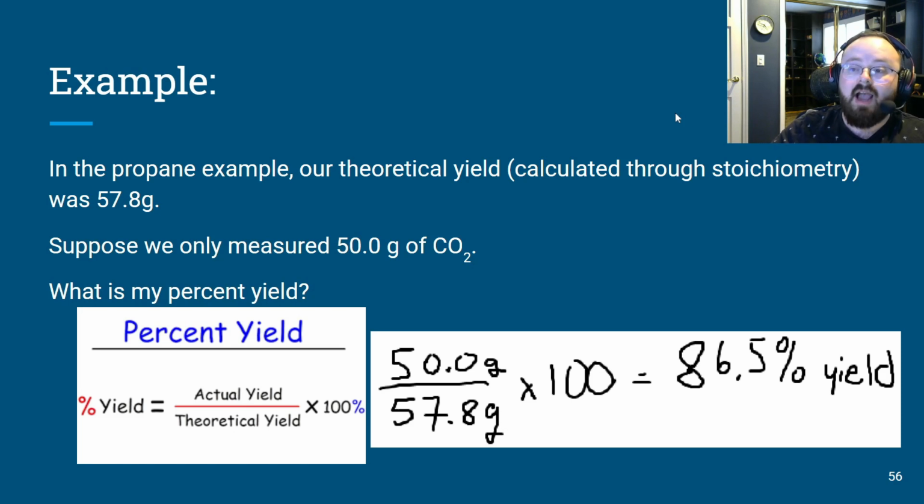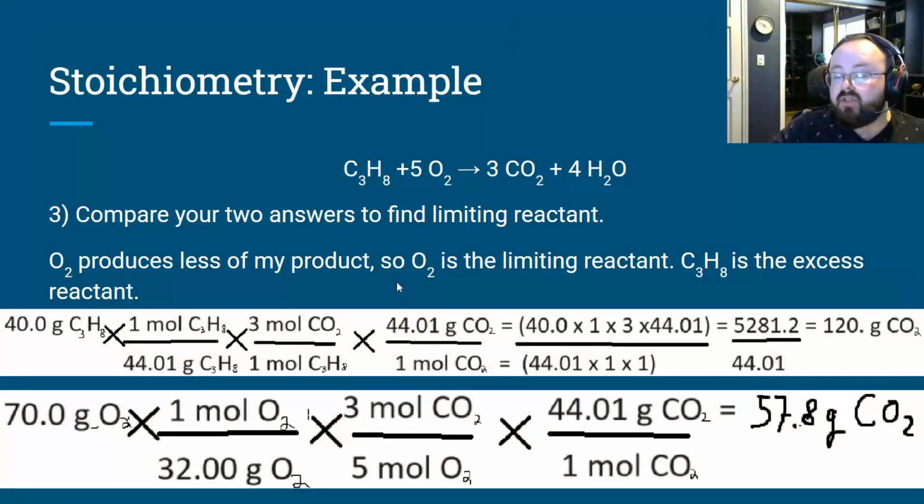There's a whole bunch of different questions on percent yield. I think it's a relatively simple concept, and the formula is relatively simple, but what is important to note is that the theoretical yield is whatever the lower amount was. We had two different amounts. Our propane yielded 120 grams, and our oxygen yielded 57.8.